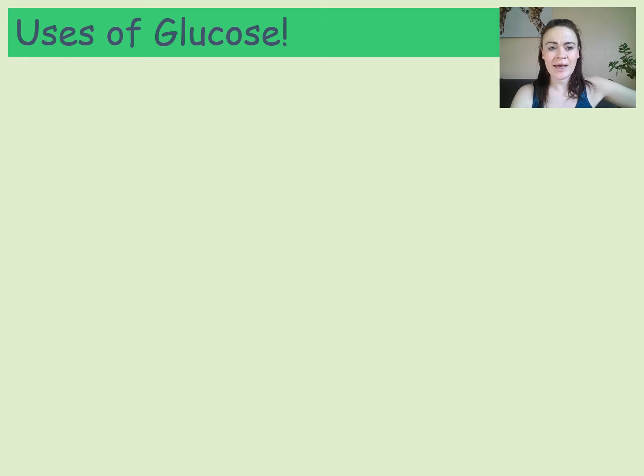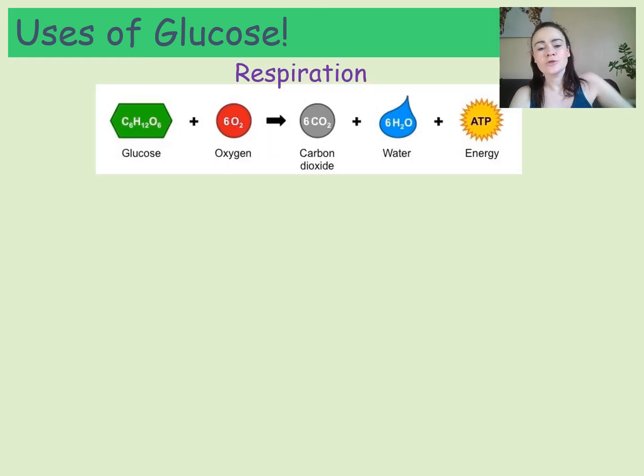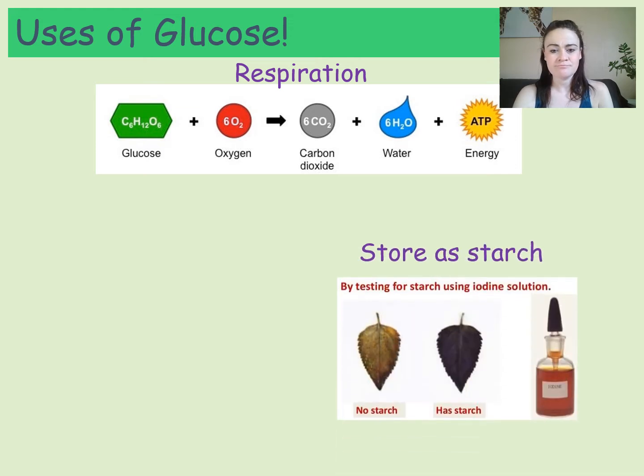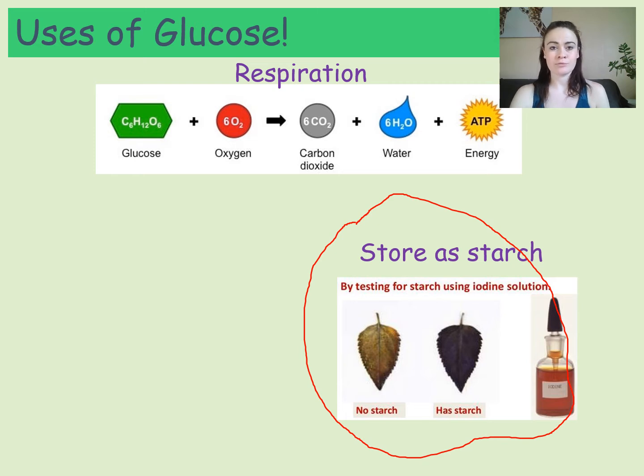Right, recap those uses of glucose. I just mentioned them. The glucose can be used in respiration. It can be stored as starch. Now, look at this diagram here. Unfortunately, we can't do this experiment just now because, well, you're learning from home, and a lot of us won't have access to iodine solution, okay? But we did this in S1 or S2.